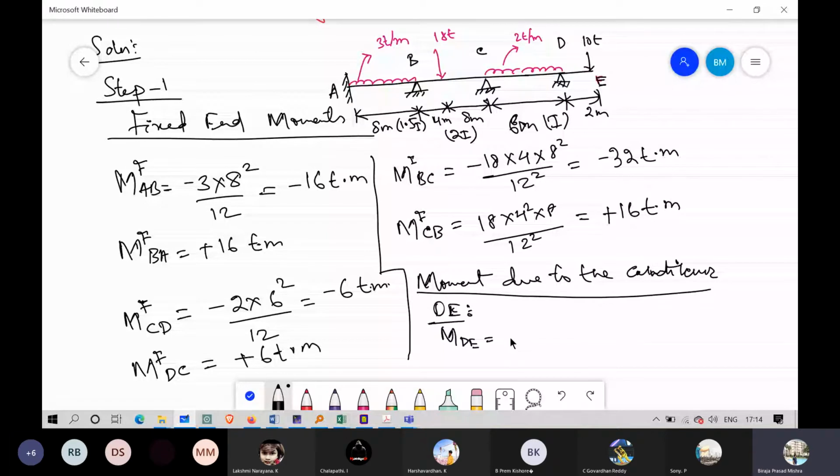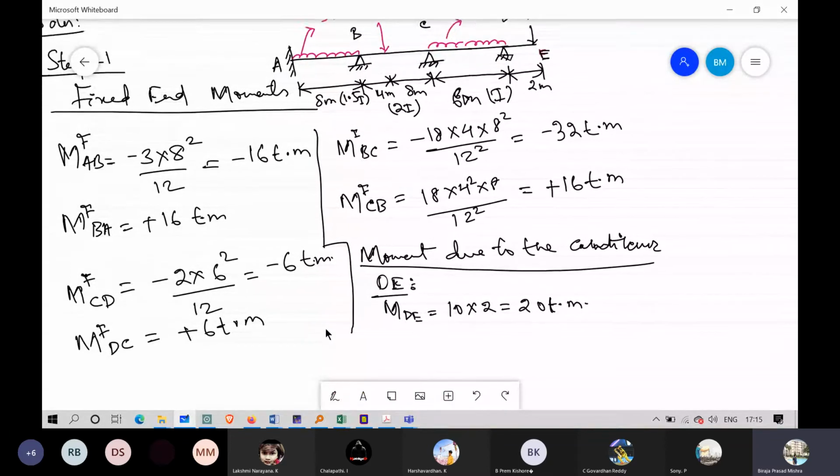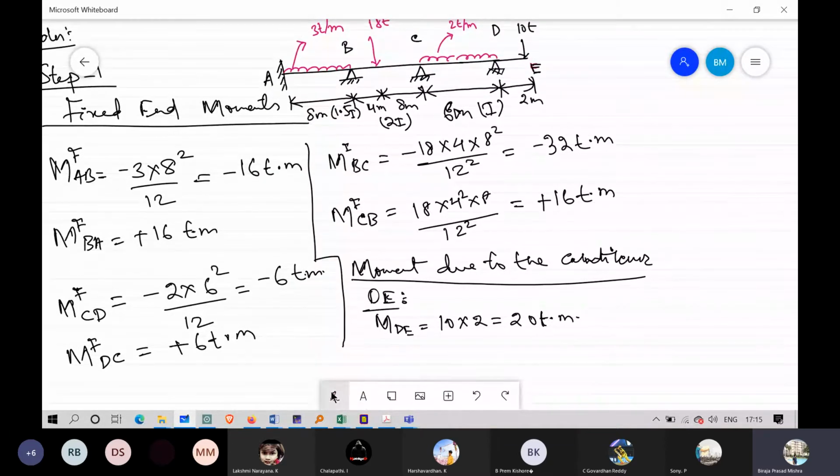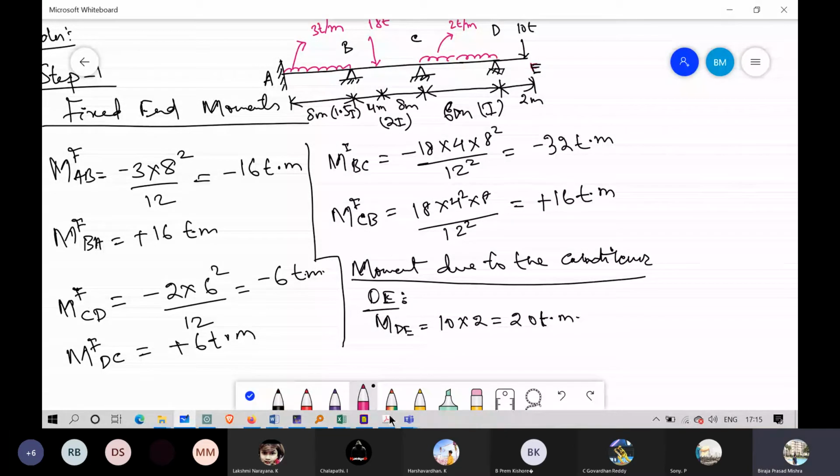So MDE equals 10 into 2, so it is 20 ton meter.